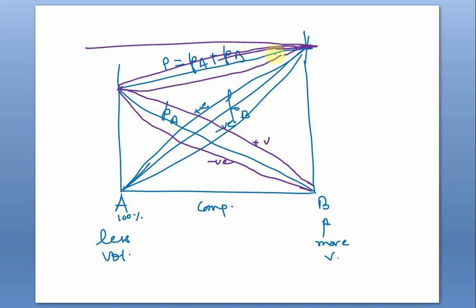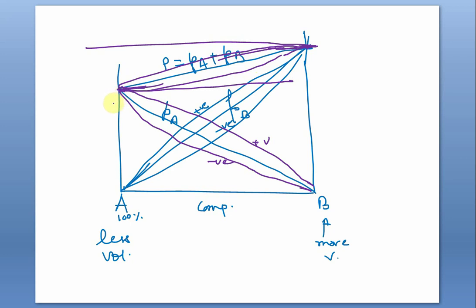So although the total pressure is not in accordance with the linearity, it is a slightly curved situation, in no point is it going above the vapor pressure of the pure B, the more volatile component. Similarly, if it is a negative deviation, at no point is the vapor pressure going below the vapor pressure of pure A, the less volatile component.